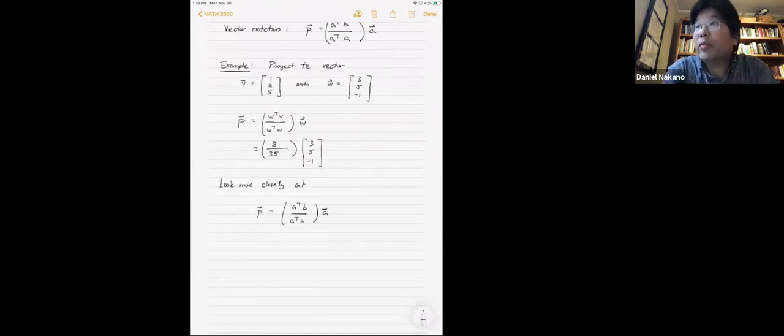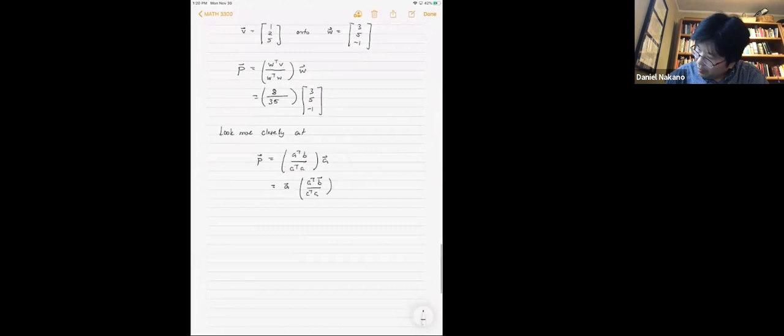Now, A transpose B over A transpose A, that's just a scalar. So I can move it to the other side without any problems. So this is going to be equal to A times A transpose B over A transpose A. It's just a scalar, I just move it to the other side. But remember, matrix multiplication is associative.